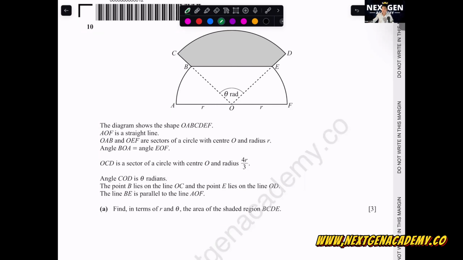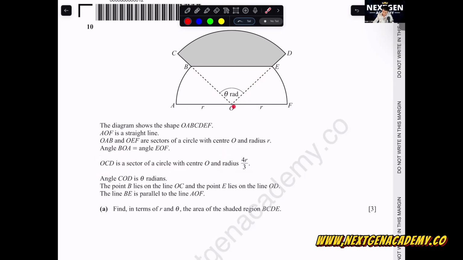Okay, number 10. The diagram shows the shape. AOF is a straight line. OAB and OEF are sectors with center O and radius R. Angle BOA is equal to EOF. OCD is a sector of a circle with radius 4R over 3.